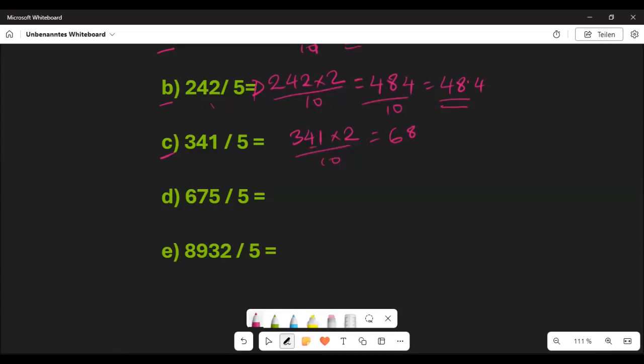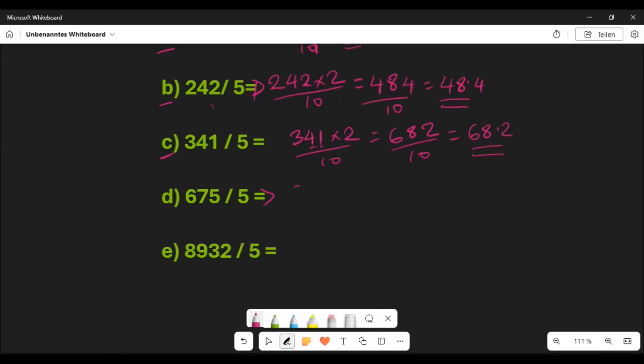And then 2 multiplied by 1 will give us 2. So that is what we have. We divide by 10. And in this case, we have 68.2. That's our answer. So easy and quick without overthinking.